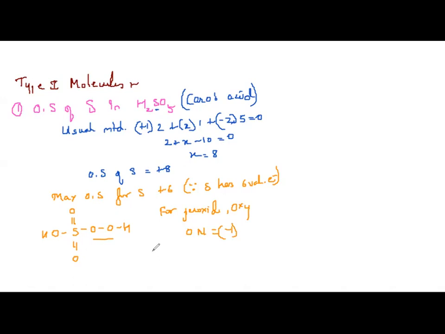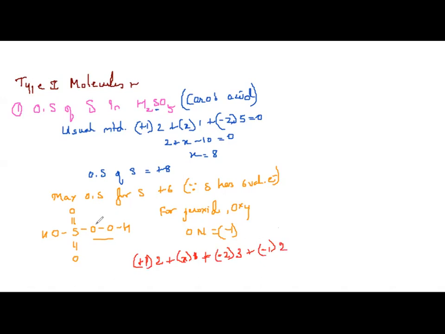So H2SO5: H2 is +1 into 2, plus sulfur X into 1, plus there are 3 oxygens with -2 charge, plus 2 oxygens with -1 charge.